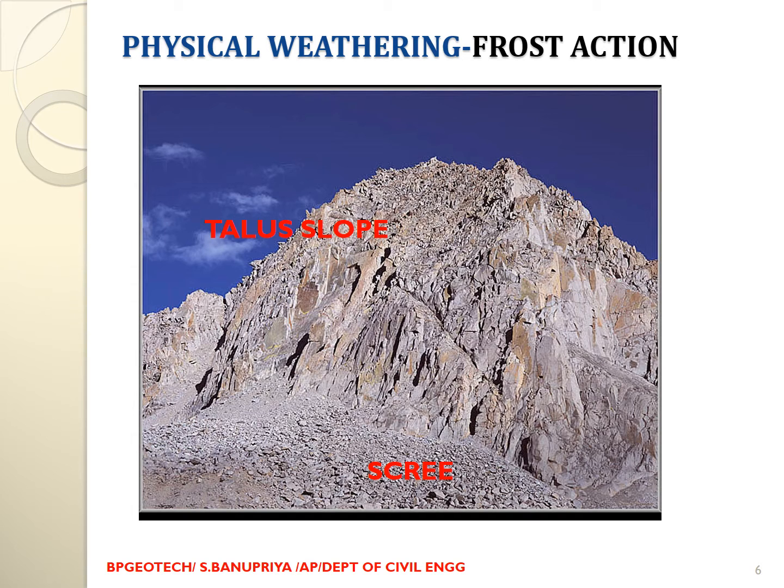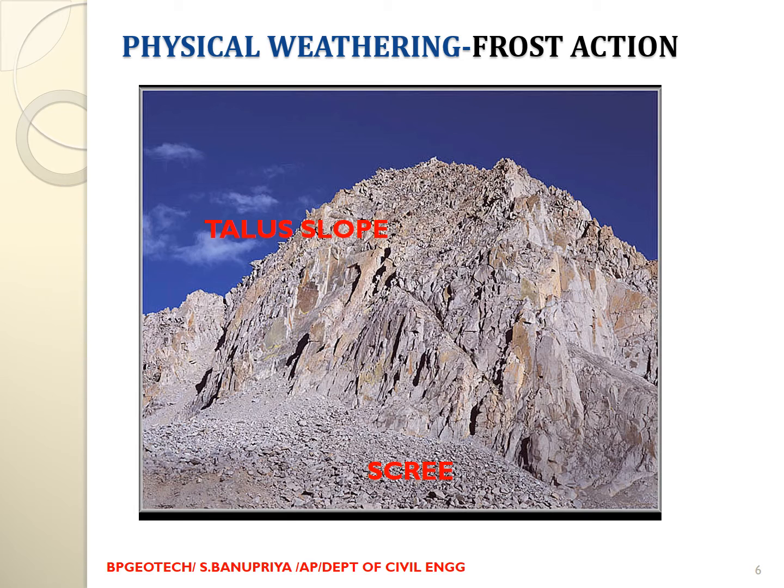After the frost action, two types of products form on the rock. One product is talus, another is scree. As we know, in physical weathering the rock disintegrates into smaller pieces.